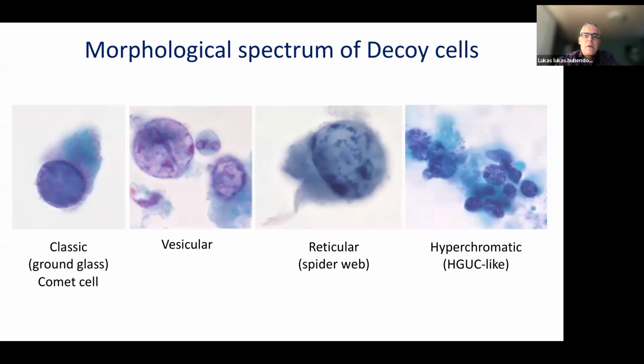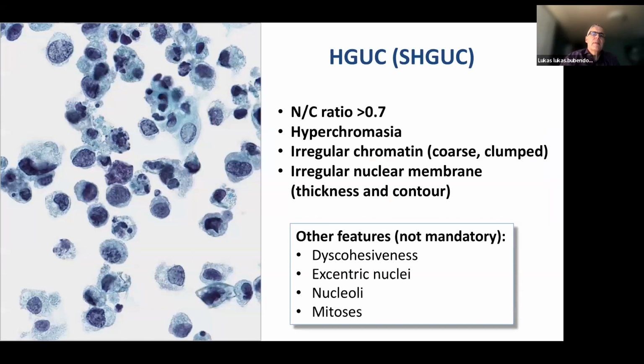At some point, they look like reticular nuclei, like a spider web. It's still a decoy cell. If you would have only the hyperchromatic ones, it gets difficult. They look like carcinoma cells. But practically always you have all the other morphologies as well, especially one or another cell with the classic morphology. Now let's go into the most important topic, the high-grade urothelial carcinoma.